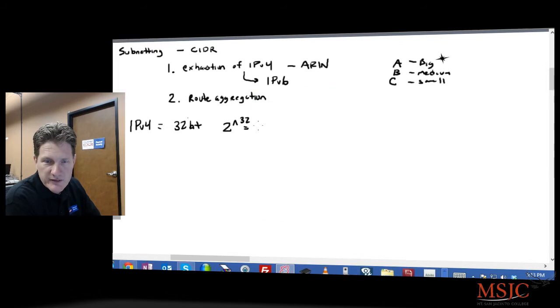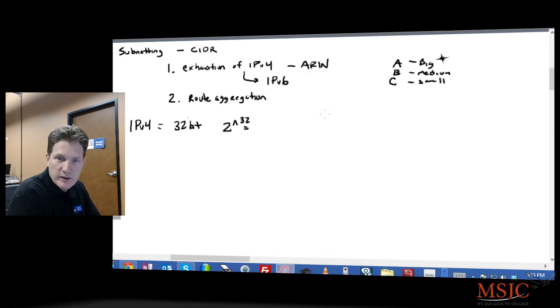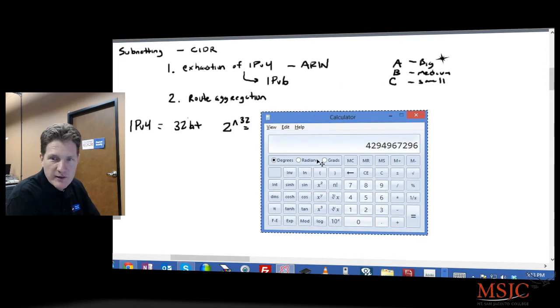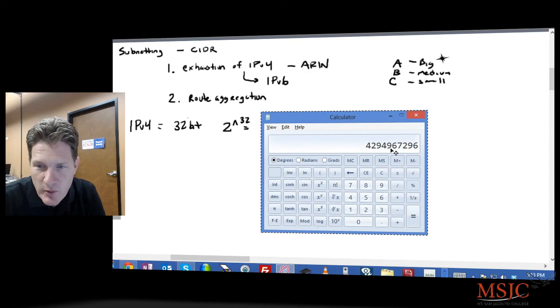I'll paste that in here. There is your 2 to the power of 32: 4,294,967,296. That's how many possible IP addresses were available.